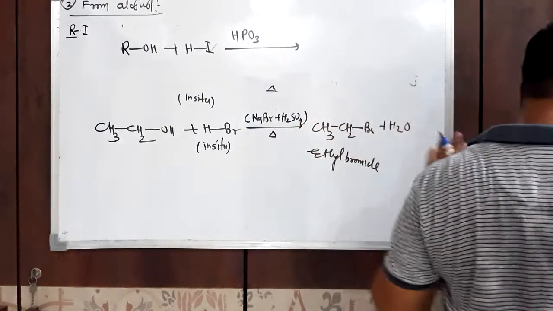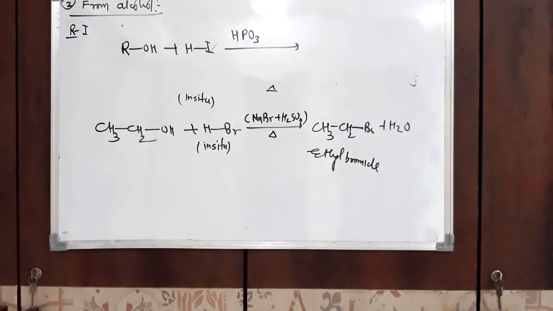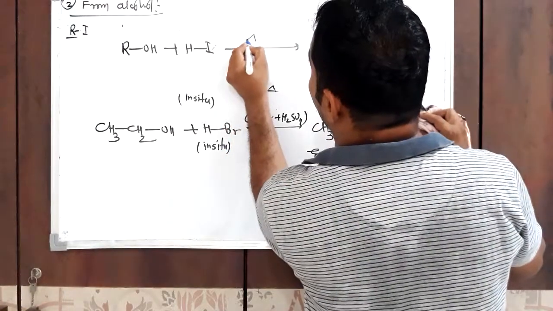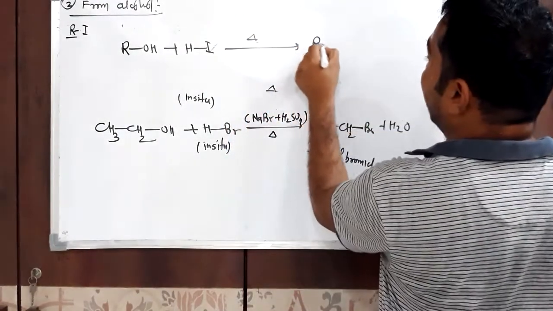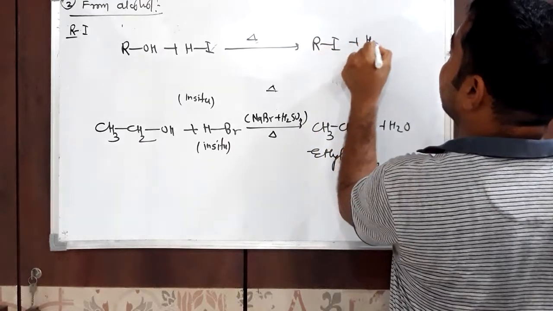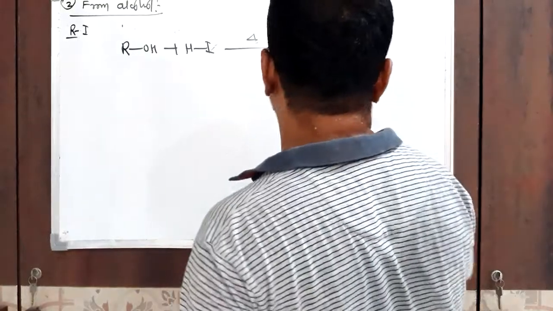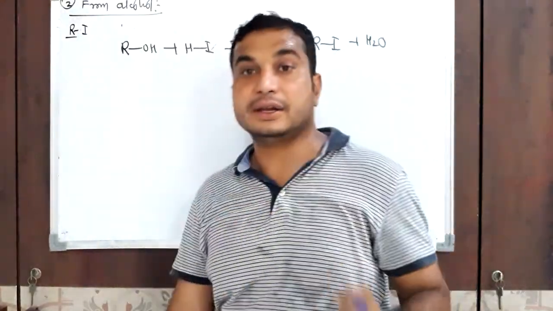Now just heat alcohol with HI, and you will get RI plus H2O. Very simple.